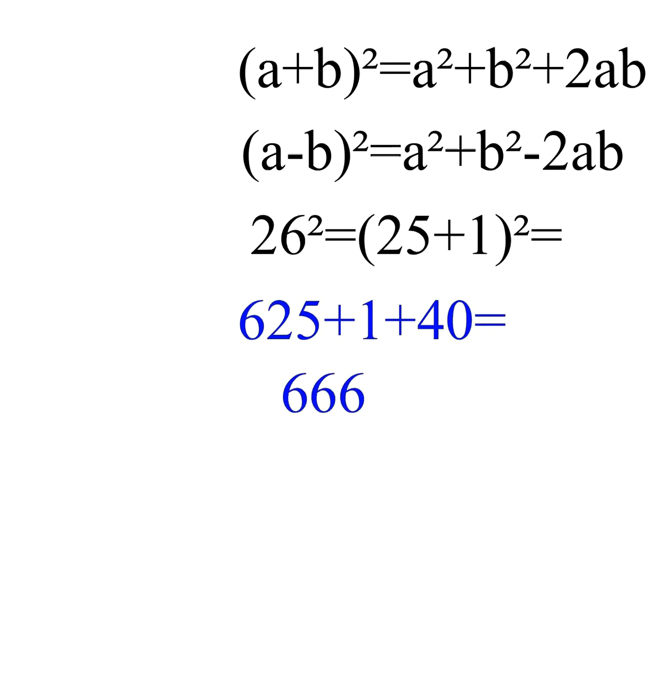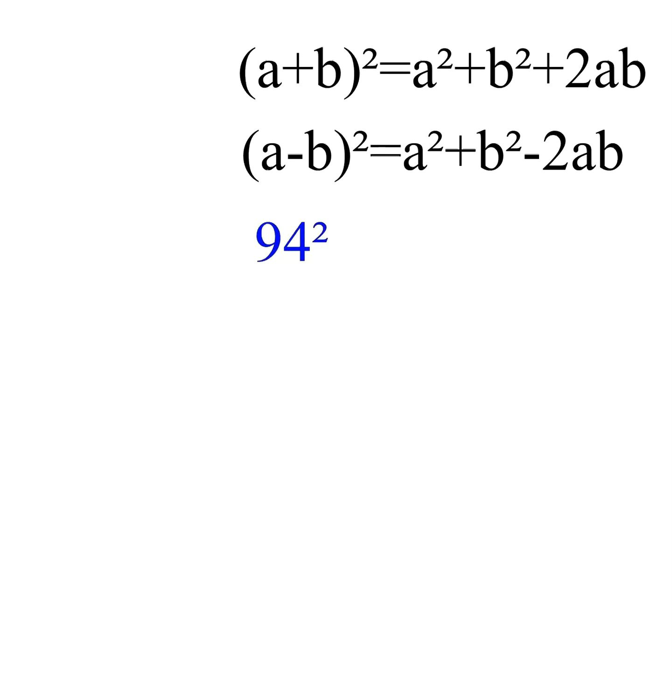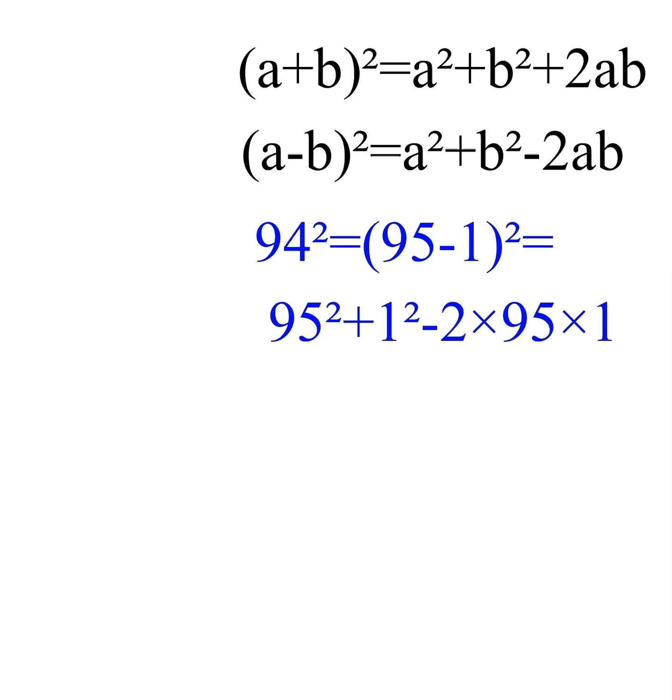But what about 94 squared? 94 equals 95 minus 1. So we could use the second identity, in which a equals 95 and b equals 1. But what is 95 squared? You know that already.